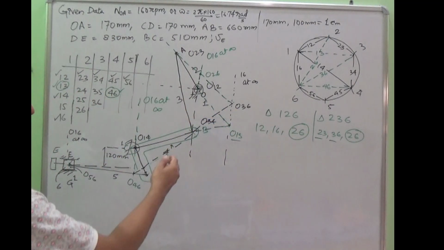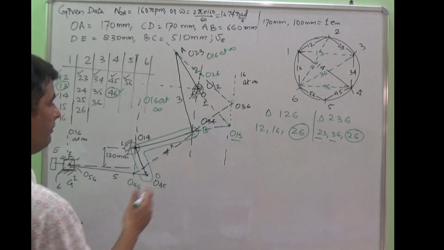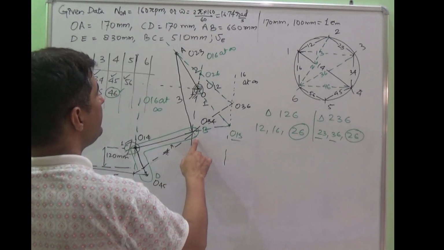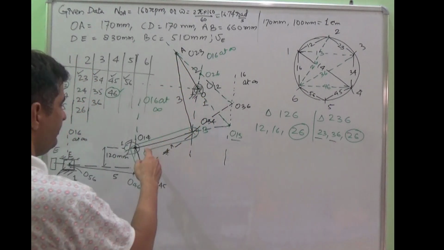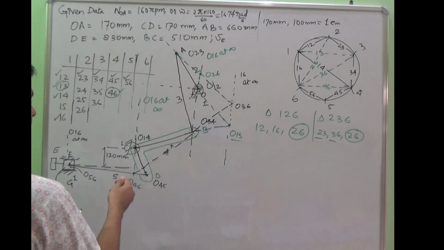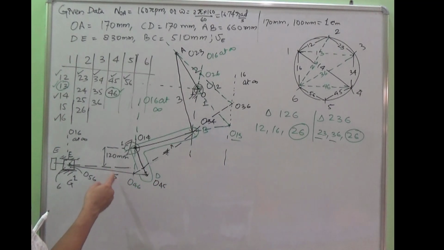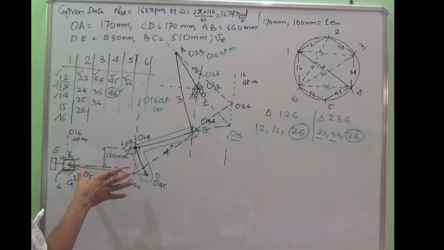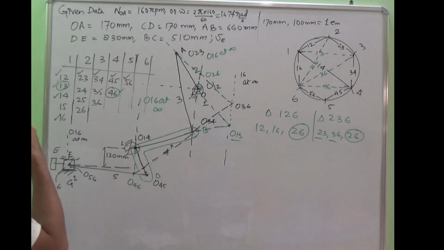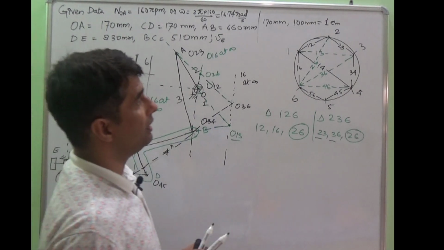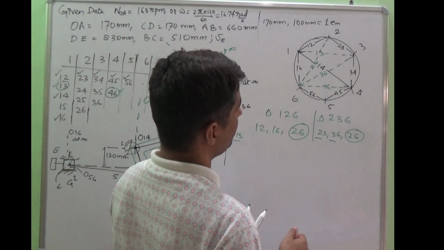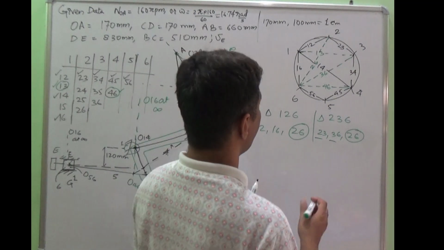Now, if we are interested in finding the velocity of rubbing at B, A, C and D, we need to also get the velocity of link 5. So we need to find omega 5, and to get omega 5 we need the instantaneous center of rotation of link 5 with respect to 1. In other words, we are interested in O15.